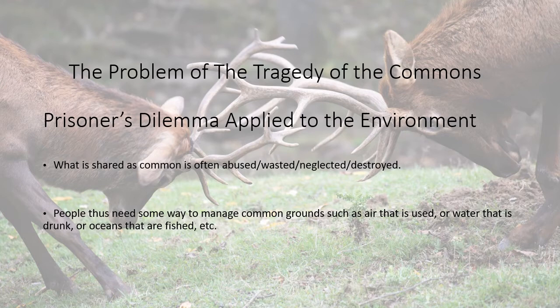And so this is where you see that some parts of the environment become privatized and some parts become public. If you, for instance, have a lake with a lot of fish in it, and you don't want that lake to eventually become all fished out, one way of regulating that is to do what we do in the United States: force people to get a fishing license, have a steep penalty if you're caught fishing without one, and having some sort of regulatory switch that allows for that body of water to not be overfished.